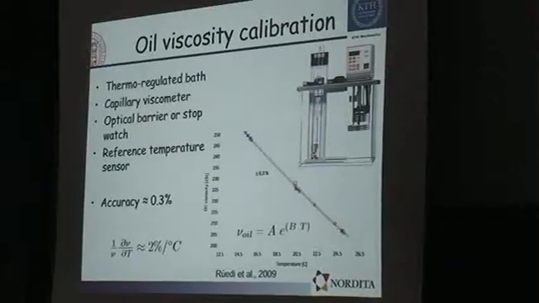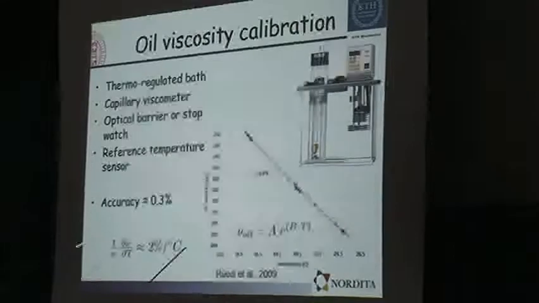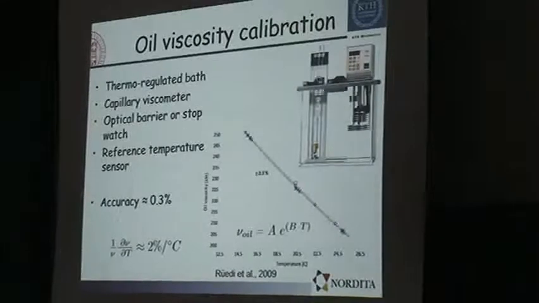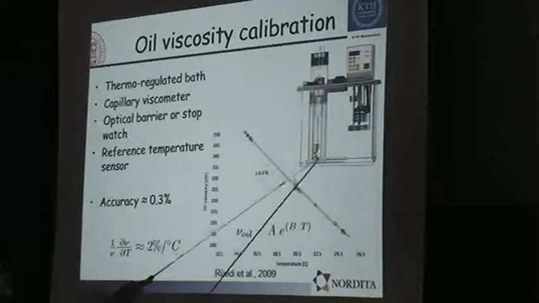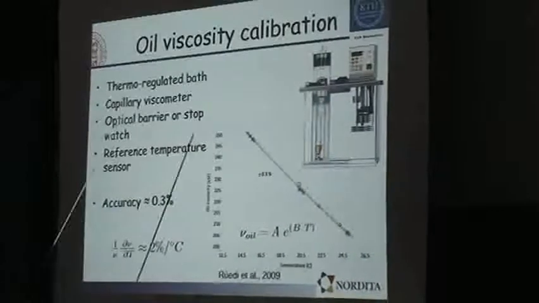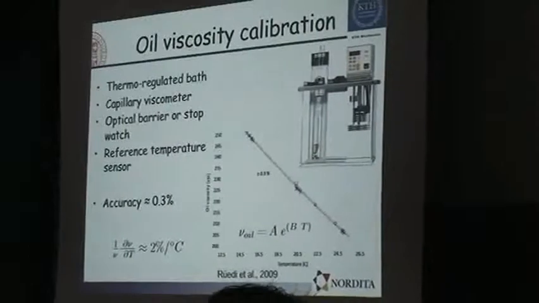Oil viscosity measurement is one of the tricky things with this technique. What we use for that is a thermoregulated valve, like that. We put inside a capillary tube, and you measure the passing time of a sample of oil through this tube.